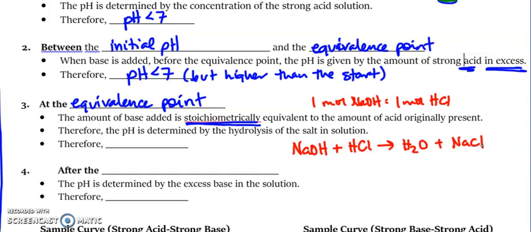In our balanced equation, it's a 1-to-1 ratio of OH minus to H plus. So we'll have equal amounts of acid and base, and when that happens, we have a pH of, I hope you know, 7.